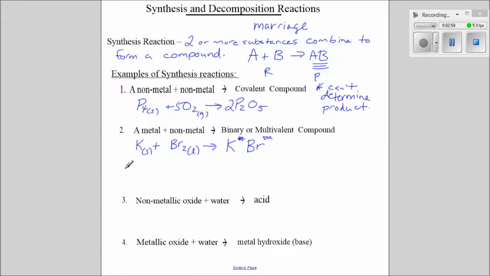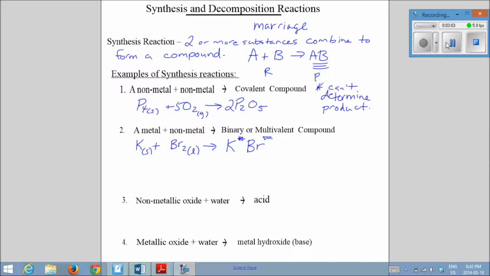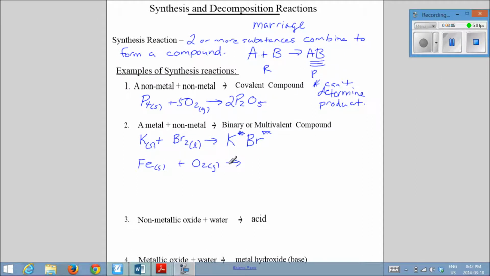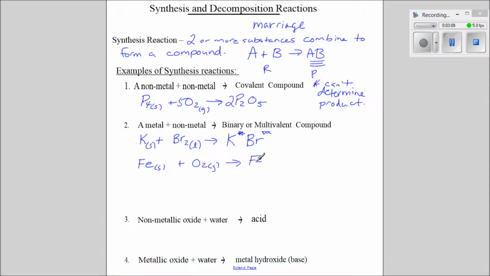Now something different happens when we have a multivalent metal. Let me show you what I mean. When we look at this type of reaction, we have to decide, okay, we're going to get our metal first and our nonmetal second. Remember, we don't bring that 2 along. It's just oxygen. And then we look at our charges, and you'll notice that you can have a 2 or a 3 here.